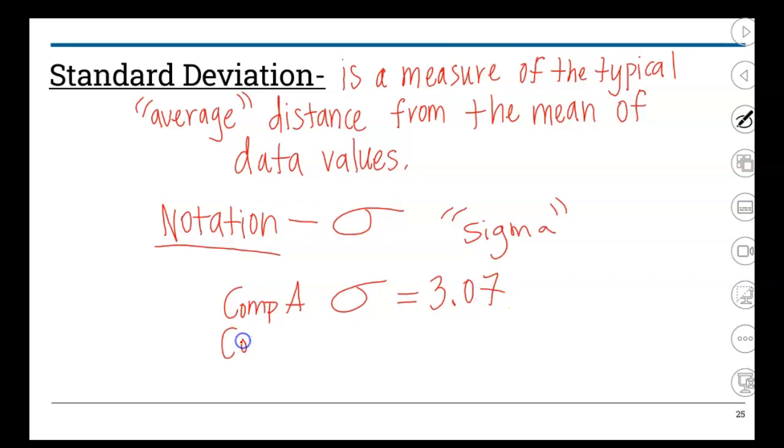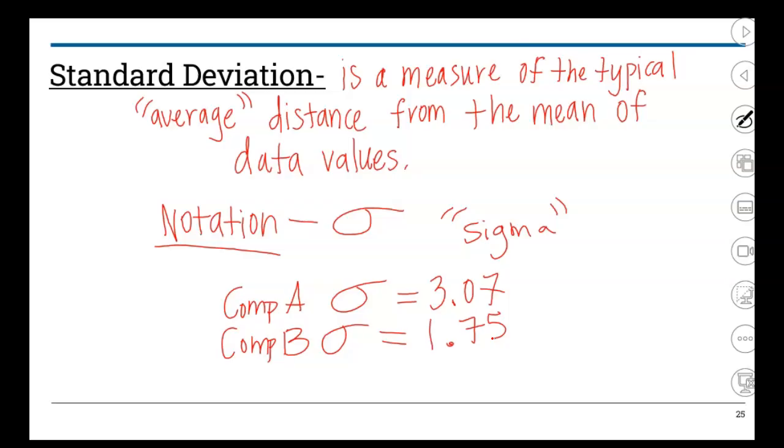And then our standard deviation for company B was 1.2? No. 1.75. Okay, so just know that this is the symbol they use to give that standard deviation. Okay. All right.